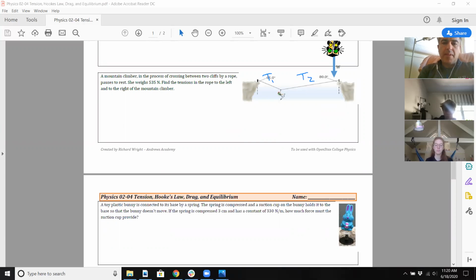You have the weight of the rock climber, which is right here, and the tensions are going to be going in this direction. You want them going away from the rock climber because they're holding the rock climber up.